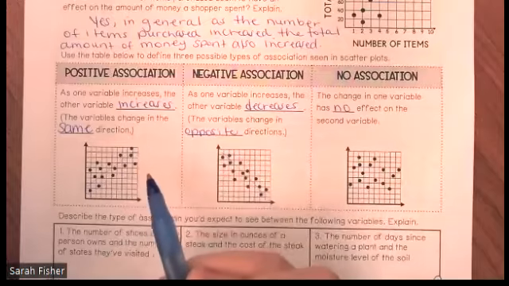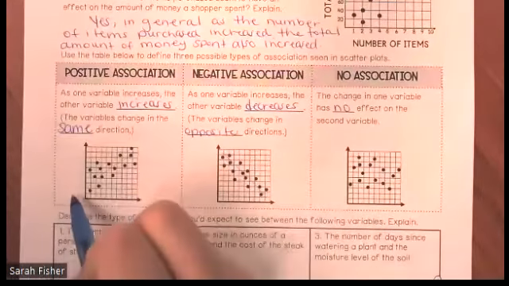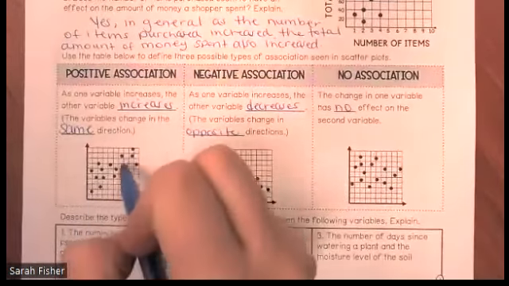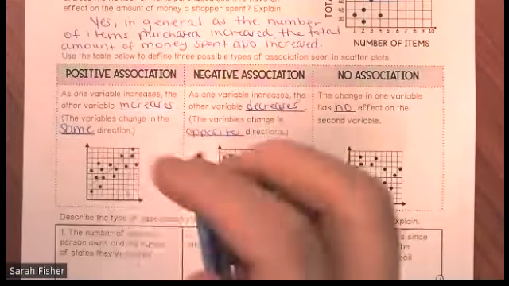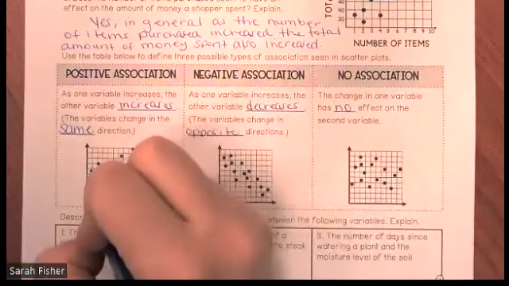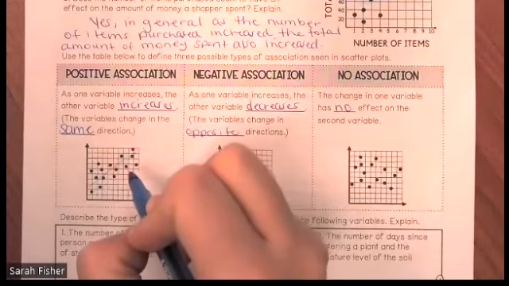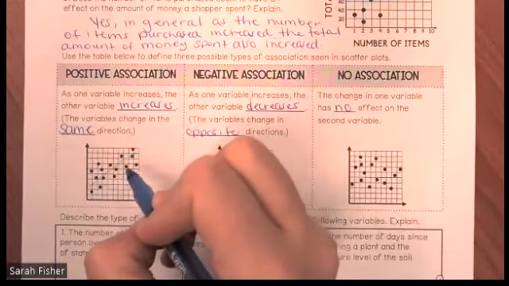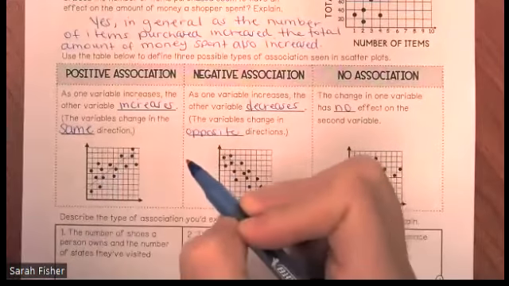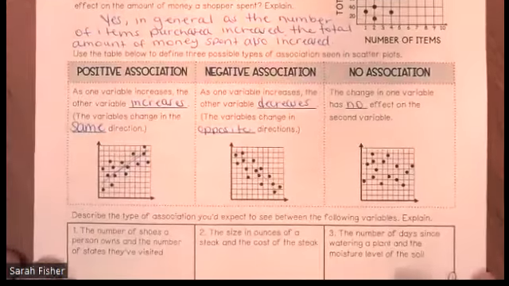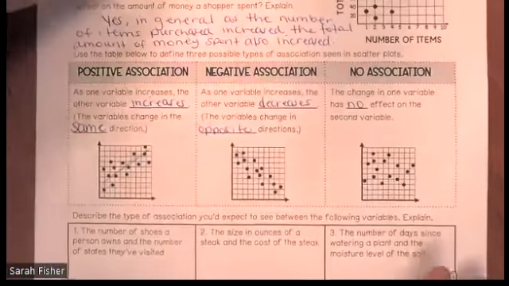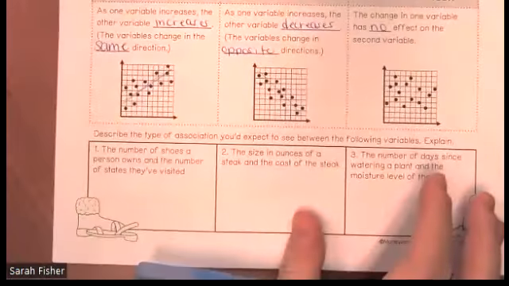It just has a direction that the points all seem to go. They're all kind of scattered everywhere, but around each other. So it's called association rather than slope because it's not perfect. It's just associated pretty similarly. Okay, let's move on.